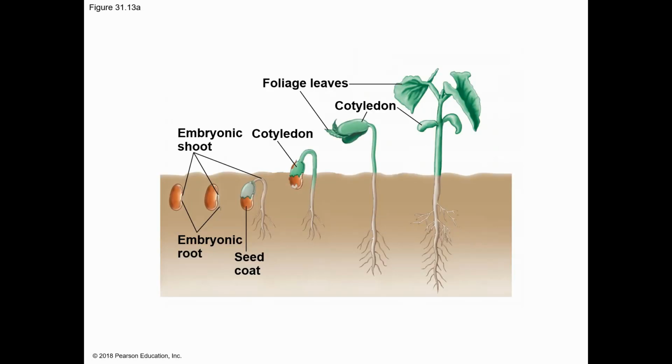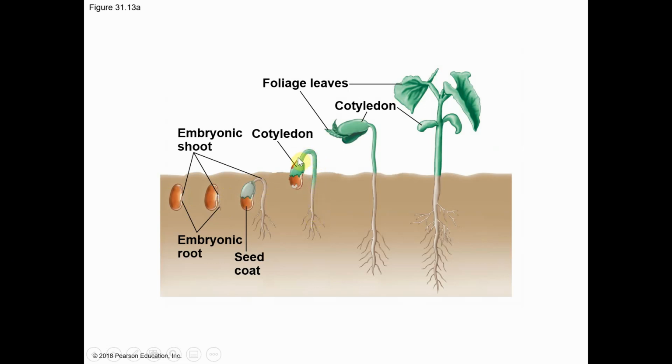And so here for our common bean seed, we can look at its emergence, growth, and germination. So here we have the seed. It has to absorb water and then start germinating or growing. And so it's forming the embryonic root first. Then the embryonic shoot will emerge in a U formation. And then from there, it's going to start emerging out of the ground.